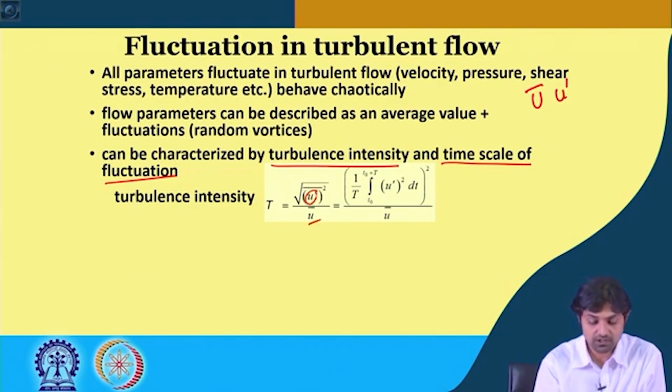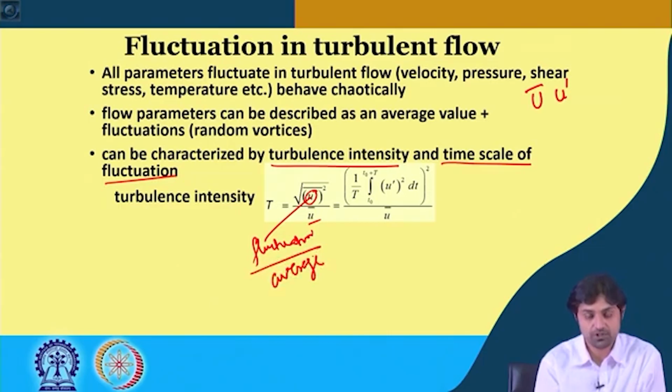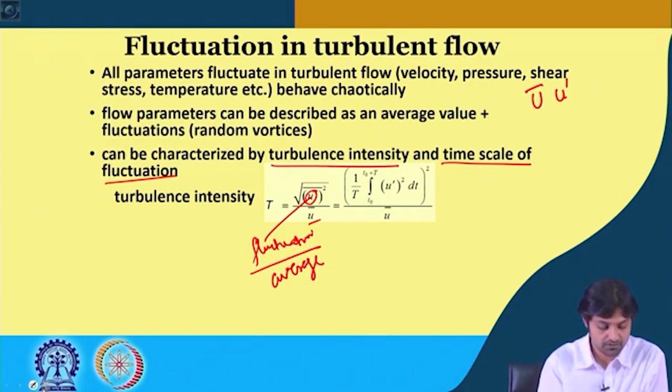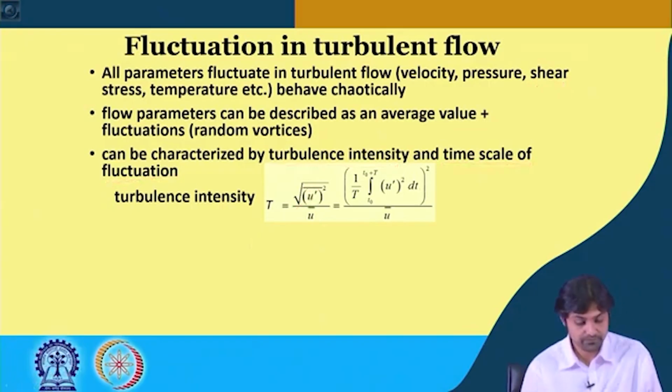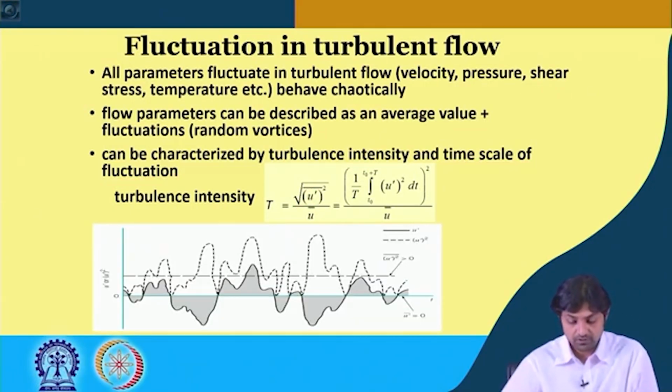So it is the fluctuation divided by the average value. If the fluctuation is too high, the turbulence intensity will be high. In terms of the time average, this can also be written like this.